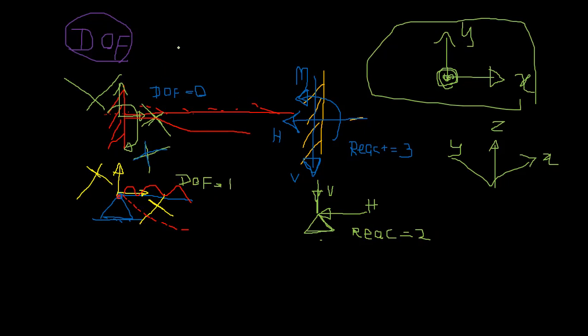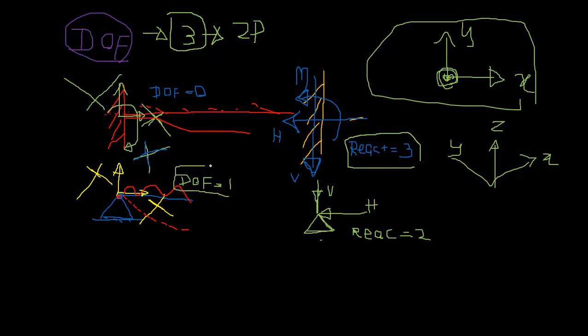Can you see? Initially we had degrees of freedom 3 for the 2D case, right? So a fixed support will restrain all of these 3. How? They generate 3 reactions, right? The pin support will restrain 2 degrees of freedom, so that it will have 2 reactions and 1 degree of freedom remaining, that is rotation, right?